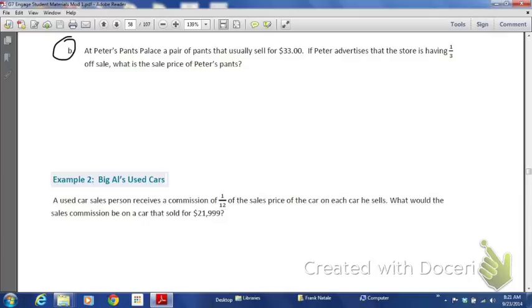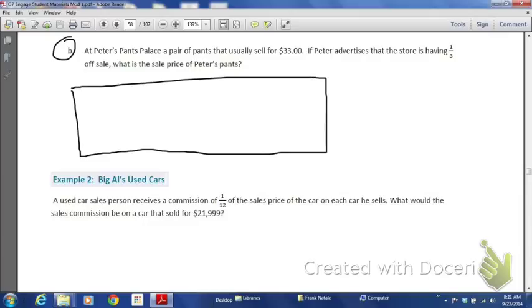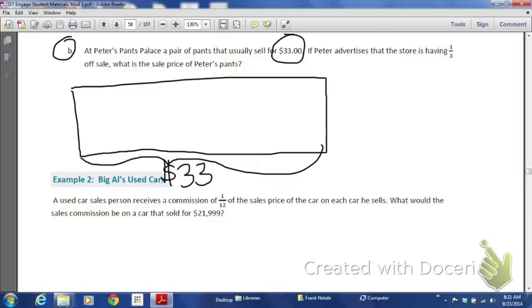Okay, so let's look at Peter's Pants Palace using a tape diagram. Again, we have some pretty friendly numbers and fractions here. The whole of this pair of pants, the original price, is, as we know, $33, getting that from right here. That's our whole.